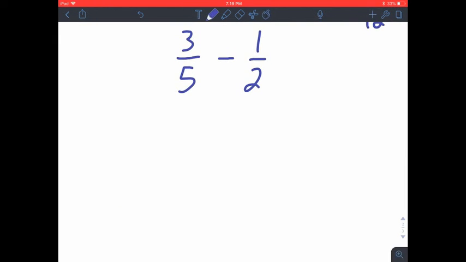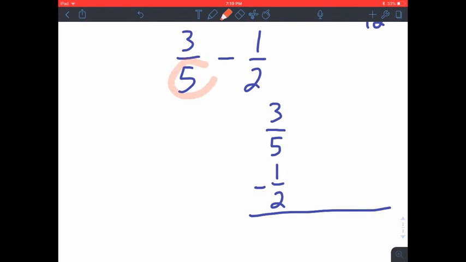So again, the first thing I'm going to do, I'm going to go ahead and put 3/5 minus 1/2. Okay? And then I'm going to focus again on my denominators. All right, so I've got 5 and I've got 2, and then we're going to go ahead and count.